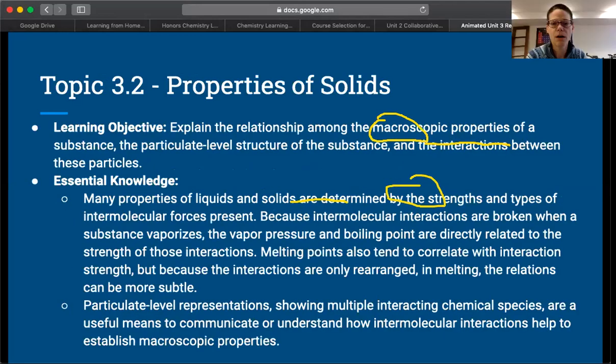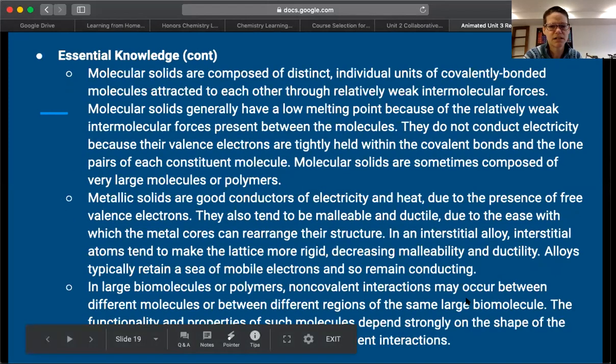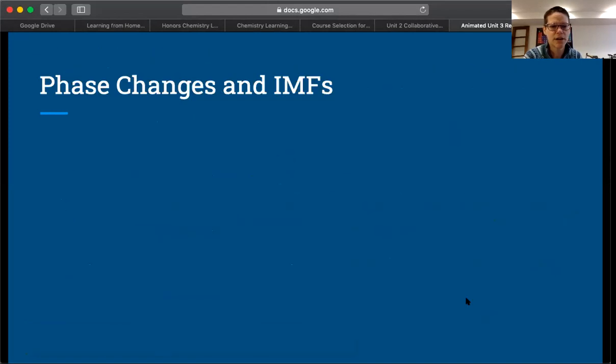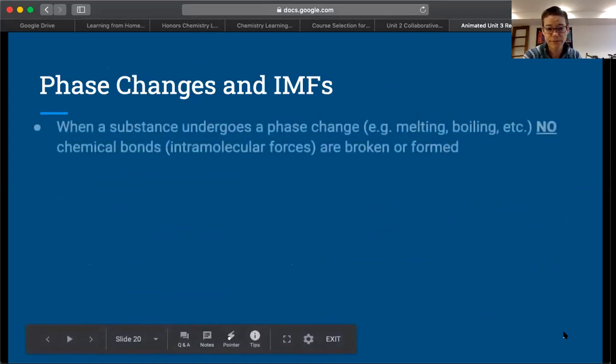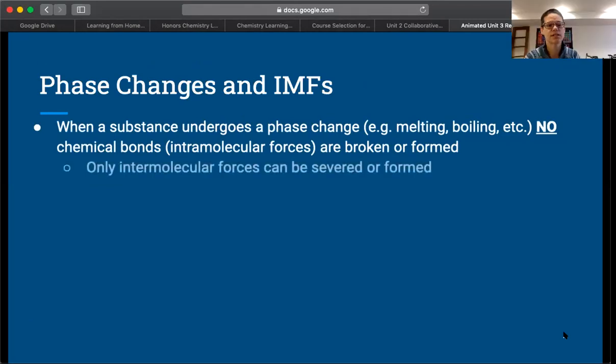Okay. So that's the main thing. That's the big topic here: properties of solids and the properties of liquids. These next couple of slides, it's kind of like duh. So phase changes and intermolecular forces. Again, you have to remember when you are changing phases, you're not breaking bonds, you're breaking forces.